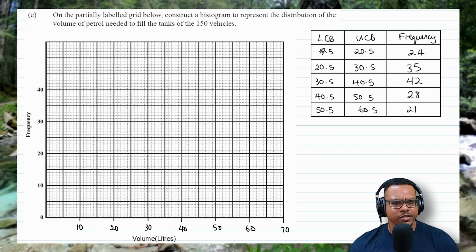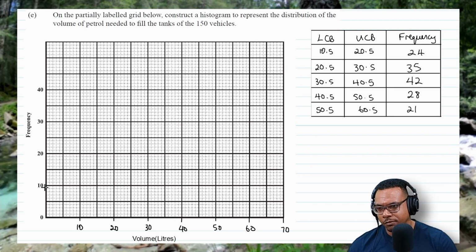Okay, so from 10.5 to 20.5, we're going up to 24. And same thing here, from 0 to 10 is 10 little blocks, so each little block representing 1 unit. So you're going to draw a line from 10.5 all the way up to 24. So that'll be 1 less than 25.